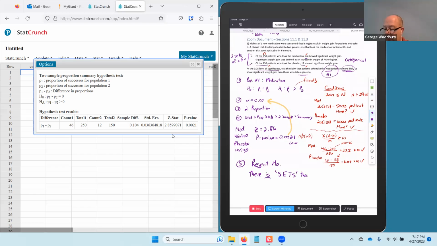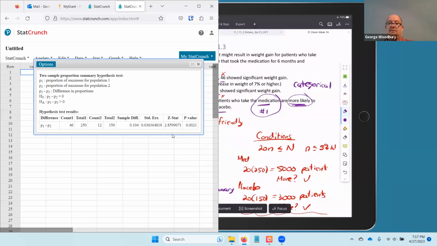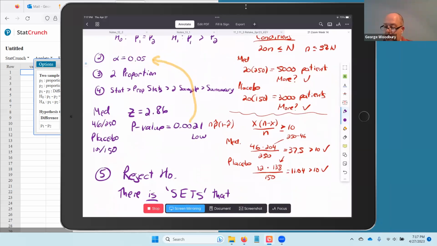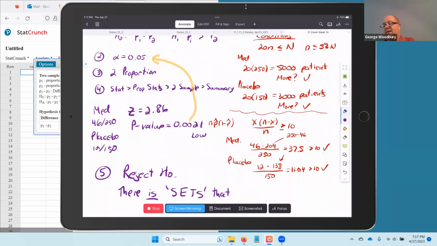That, and again, because I had a friendly sign in H1, I can copy the conclusion down directly from the problem. And that says, oh, I can't read them both at the same time. I'm sorry.